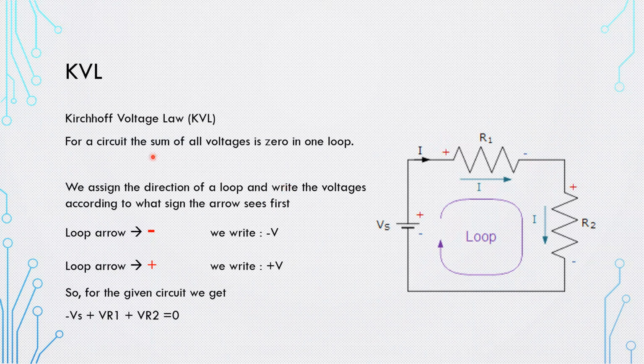This law is named Kirchhoff's voltage law, which basically says that for a circuit, the sum of all voltages in one loop is 0. What do you mean by one loop? If you have a series connection or one line or one complete circuit, and you follow the current flow in this circuit, then in this case I'm going to have a loop. So I start from one point and go back to end at the same point.